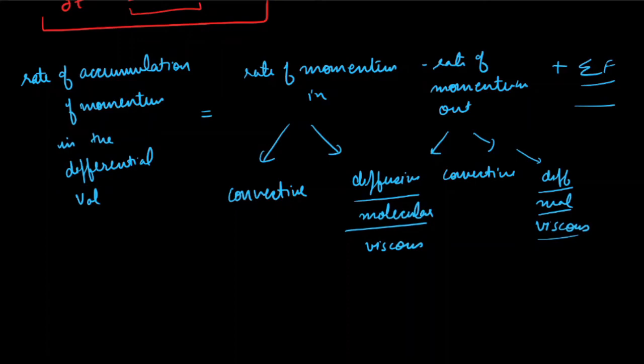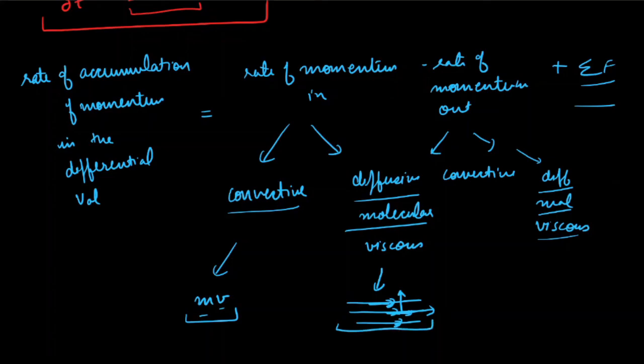The convective momentum in is similar to mass times velocity for a solid mass, and diffusive, molecular or viscous momentum is specifically there in fluid flow when the layers in laminar flow are flowing over each other. Each layer will try to pull or push another layer adjacent to it in the direction of its velocity, and that is how it transfers some of its momentum in the direction perpendicular to the velocity.